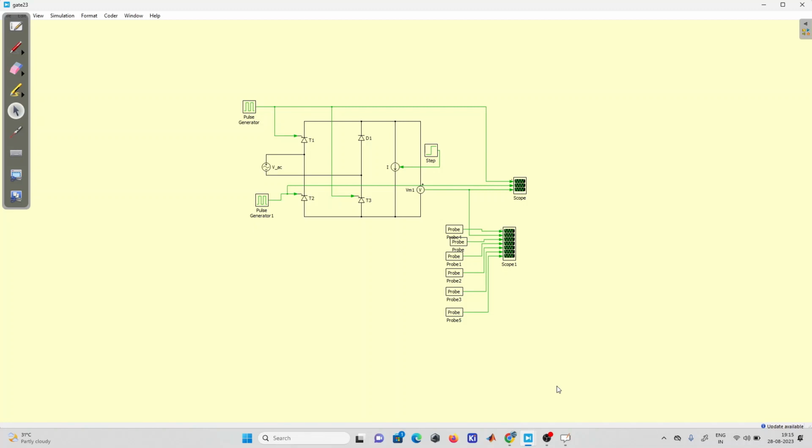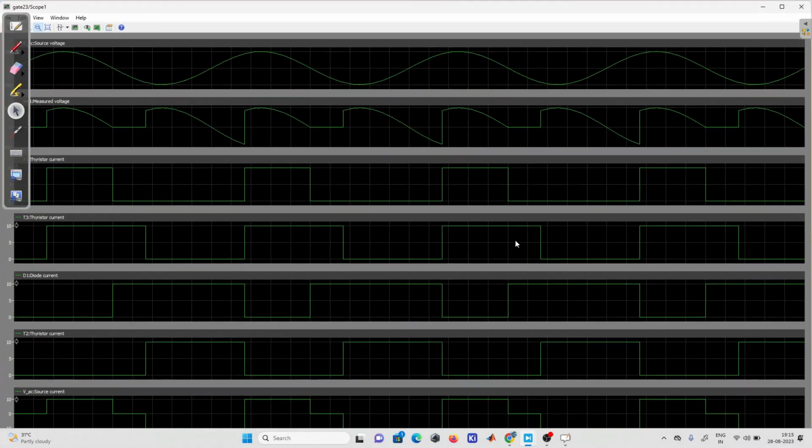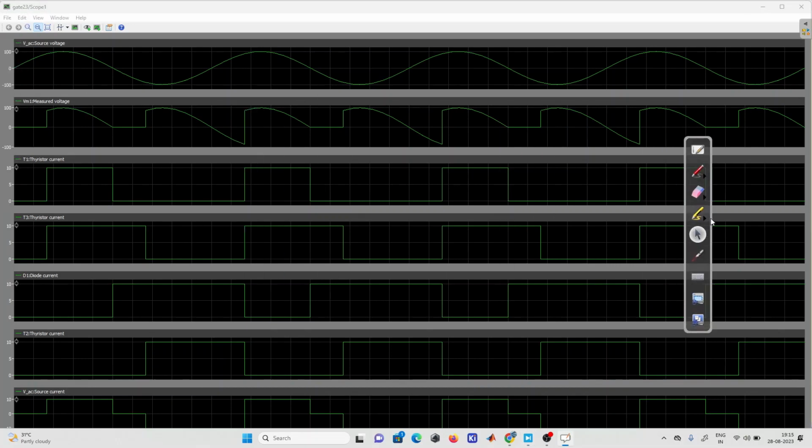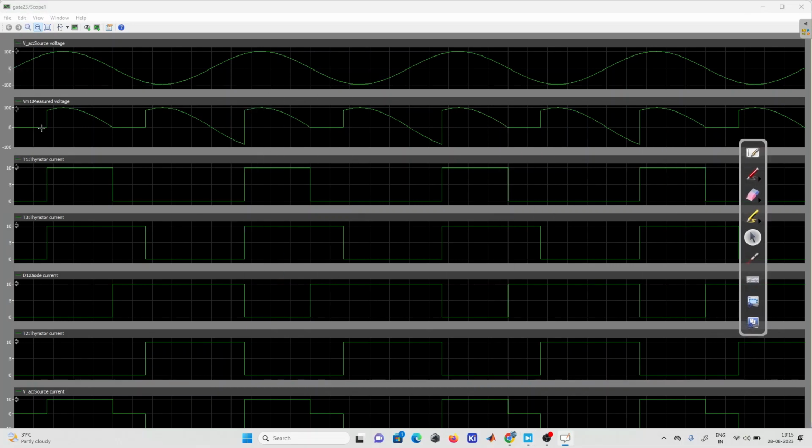Okay, so here I have done the simulation for the same question. I will simulate it and show you the waveform. See, here we are giving the firing angle alpha. Before this no current will be there. After one cycle we will see. So here it is one cycle. After here we can see the steady state waveform.